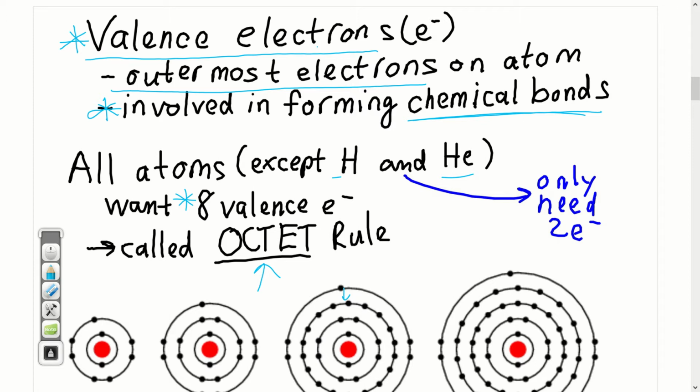We should point out hydrogen and helium, they only need 2 valence electrons. They are on that very top row, only two elements in the top period. It turns out they are happy with just 2.